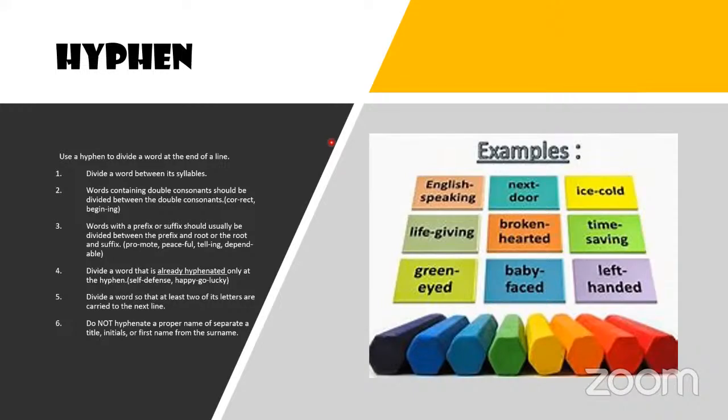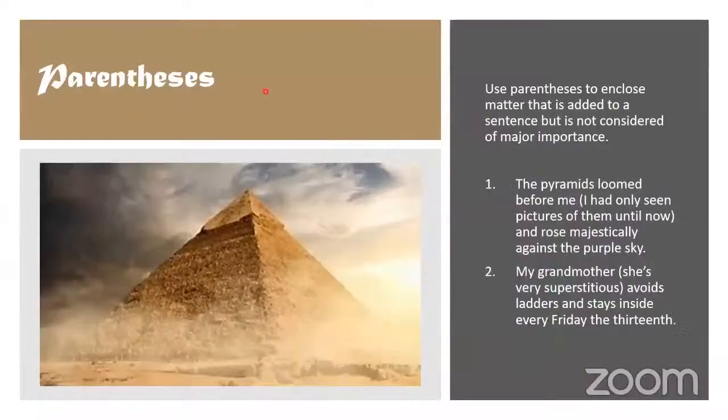If you're going to continue on the next line, then you need to use a hyphen, right? So we divide the word, for example, life-giving, broken-hearted, ice-cold. And you don't have to use a hyphen in a proper name, a personal title, initials, or first name from the surname. That's the only exception, right?